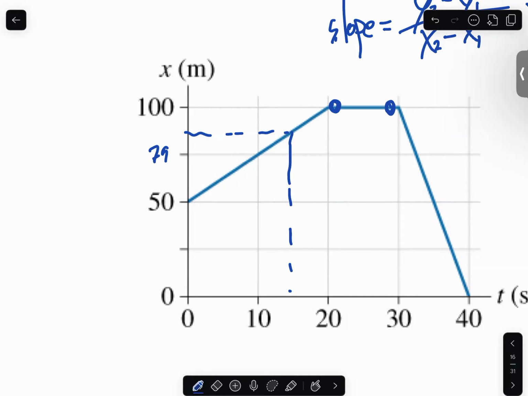Find the velocity of the child whose graph is shown at 15 seconds. Okay, 5 seconds. Chop chop.